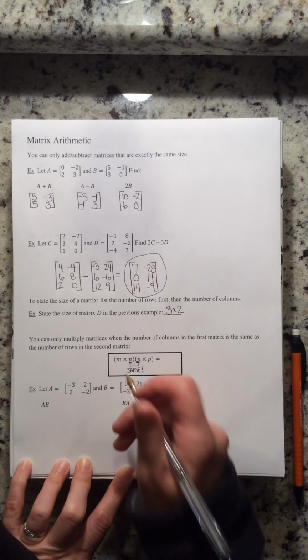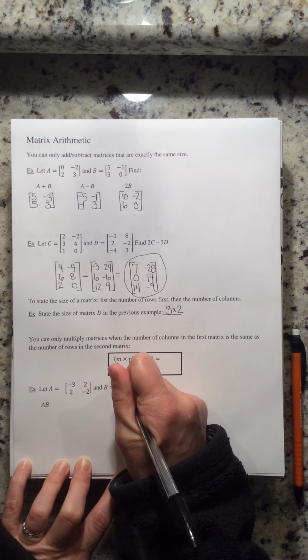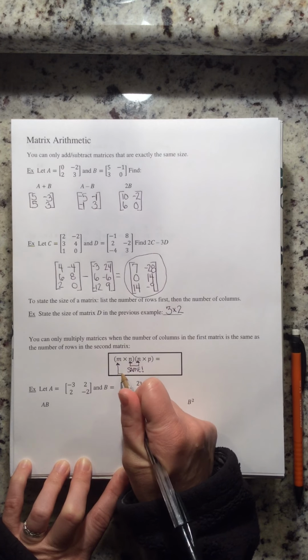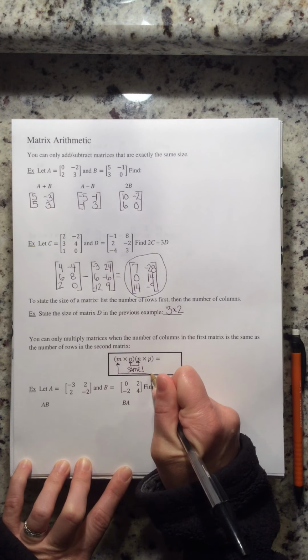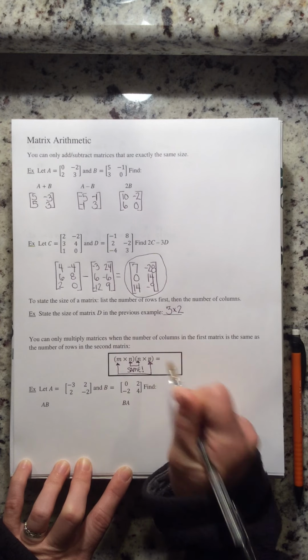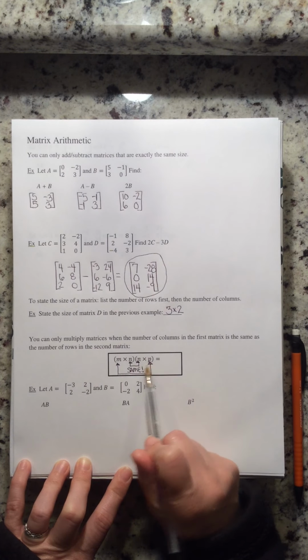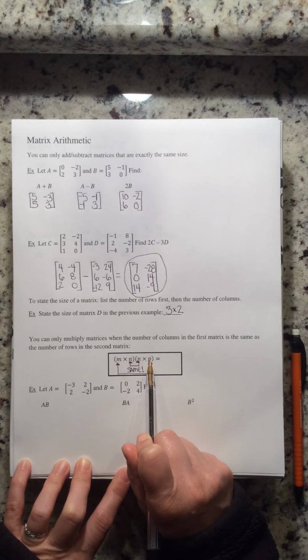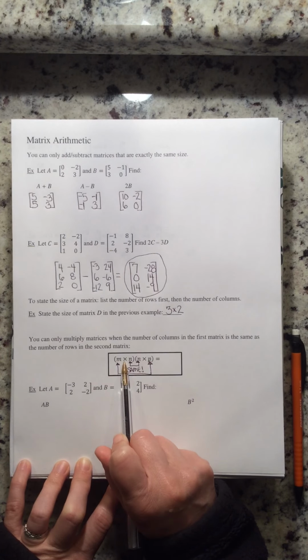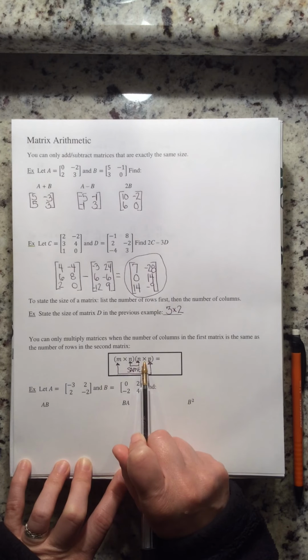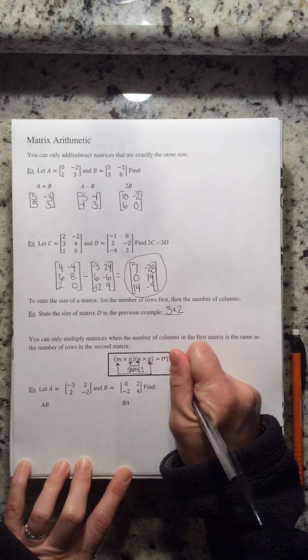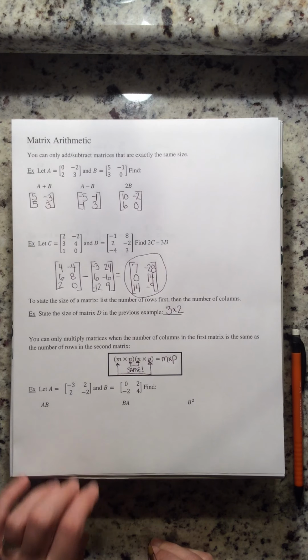And when you're looking for the size of the new matrix, you're going to take the rows from the first matrix and the columns from the second matrix to get the size. So it would have m rows and p columns, which means when I multiply an m by n times an n by p, my answer should be an m by p matrix.